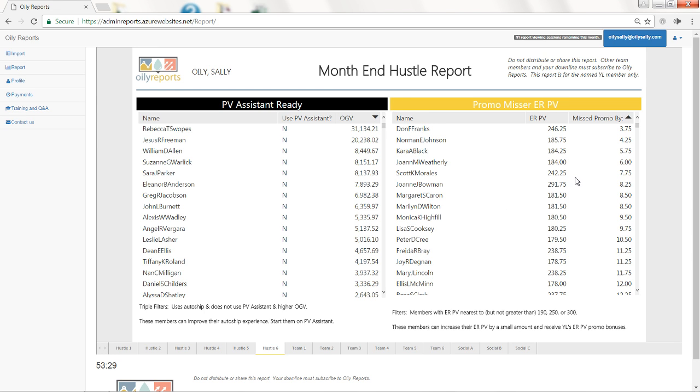It is members with ER PV nearest to but not greater than the 190, 250, and 300 levels. If you look at this far right column, it tells you how much they missed their promo by, and you can follow up with these individuals so they don't miss that in the future in the bonuses.